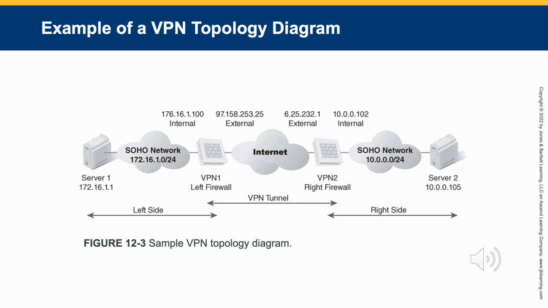Now, if either side wants to communicate with the other side, they'll have to go through a VPN firewall, and there's a site-to-site VPN tunnel set up between VPN 1 and VPN 2. Then there are translations of routing addresses on both of those firewalls that know about each other's network, so that they can traverse the tunnel to securely get from the left to the right, or vice versa.